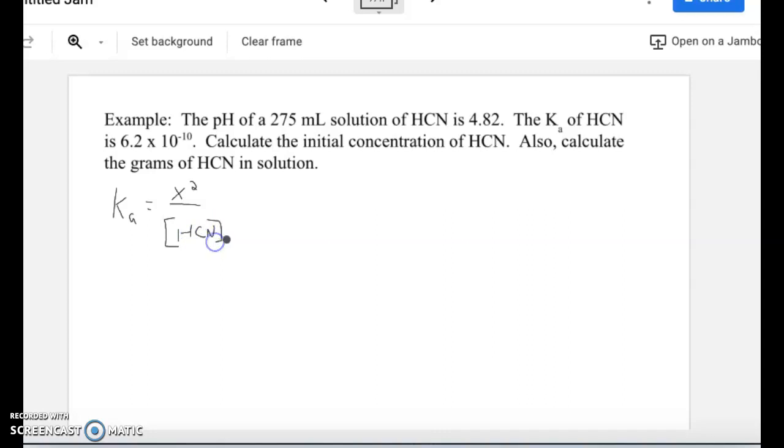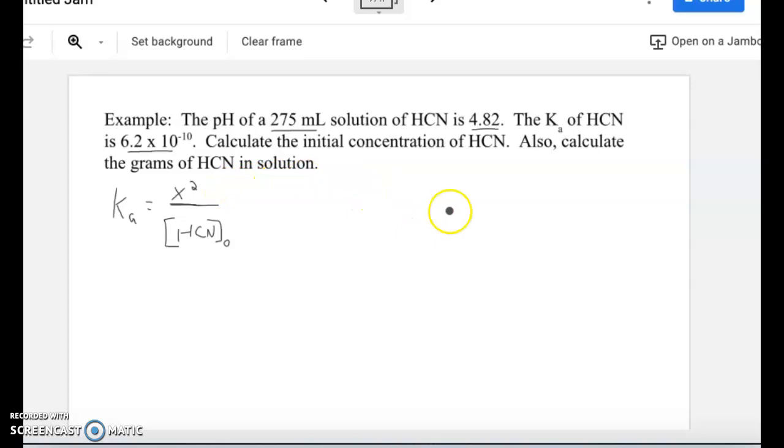We want to put a little subscript 0 here to represent initial conditions. Okay, so on this one we have 275 milliliters. We know the pH right here, it's 4.82, so it's slightly on the acidic side. We also know the Ka value. So we want to find the initial concentration of HCN, and then we also want to find grams of HCN.